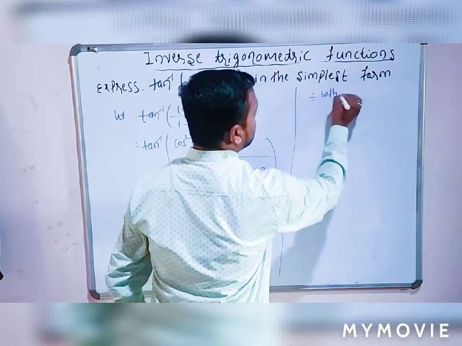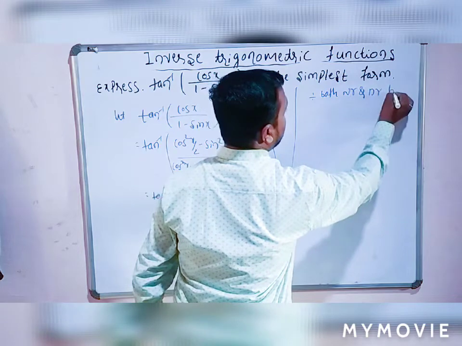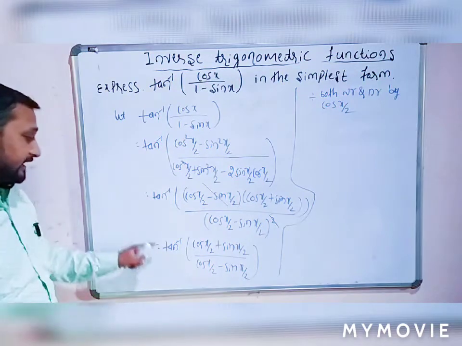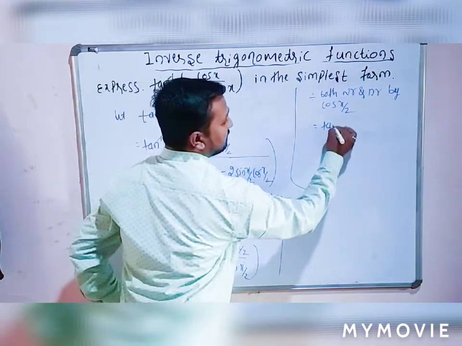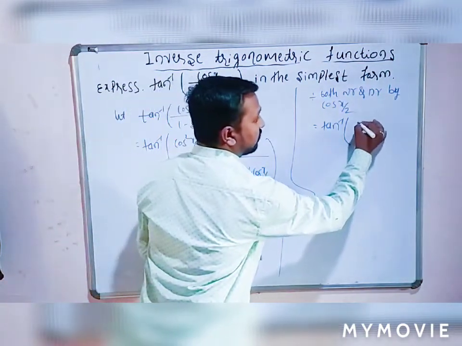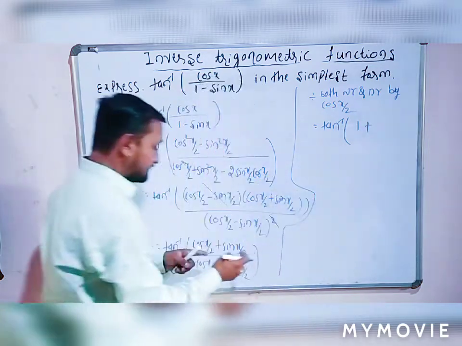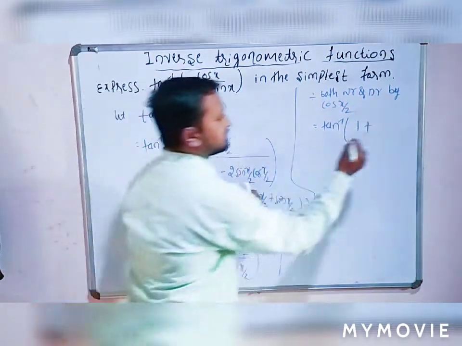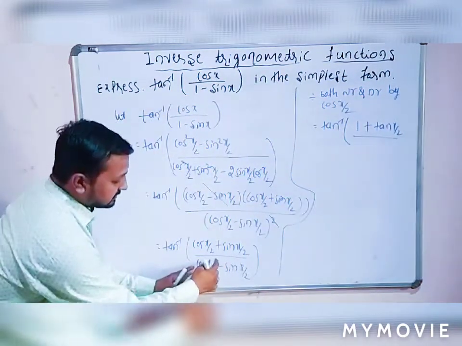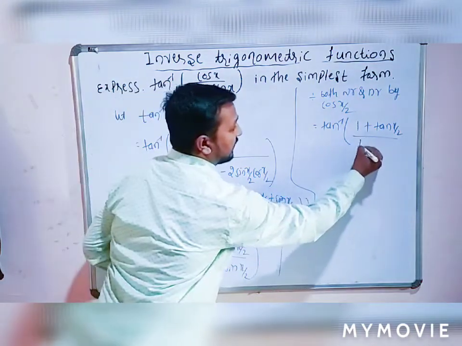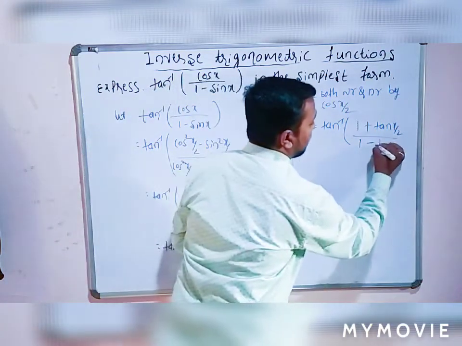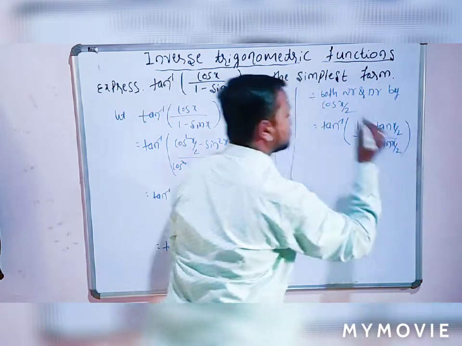That is equal to tan inverse of cos x by 2 divided by cos x by 2 is 1, plus sin x by 2 divided by cos x by 2 is tan x by 2, whole divided by, again cos x by 2 divided by cos x by 2 is 1, minus sin x by 2 divided by cos x by 2 is tan x by 2.